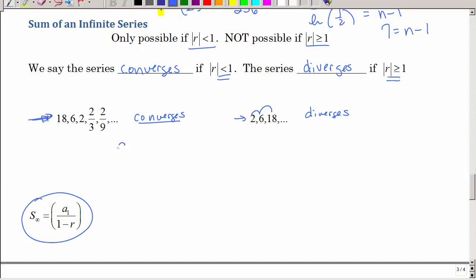So this one, since it converges, it's getting smaller, I can find the sum by using this formula right here. The sum of an infinite series is the first term divided by 1 minus r. What am I multiplying by every term? Remember r, you take two terms and divide them, that's 1/3.